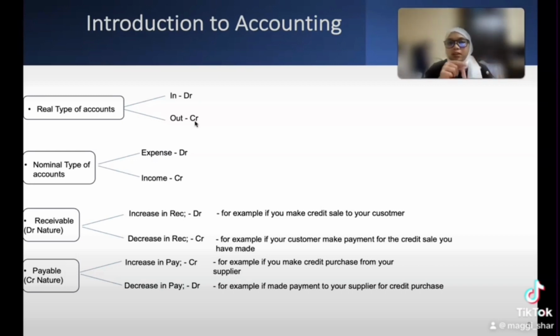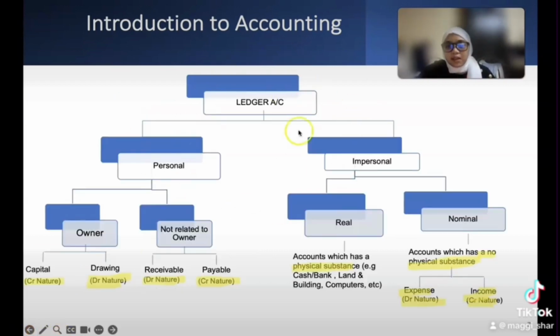So let's think about cash. Cash is what type of account? Cash we can touch, right? Cash has a physical substance. So under these ledger accounts, which category does cash fall under? Is cash personal? No, cash is not personal, so it is not a personal ledger. Under impersonal, cash falls under real or nominal.